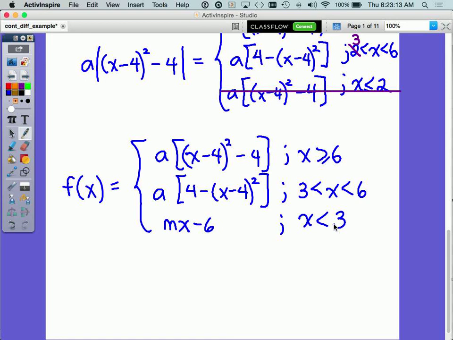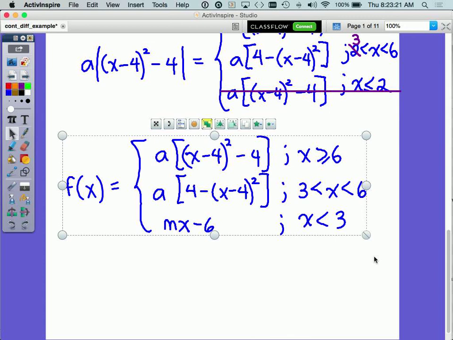And now that we know that, we can start to solve the continuity. So what I'm going to do is I'm going to copy just this function, and I'm going to take it with me to the next page.